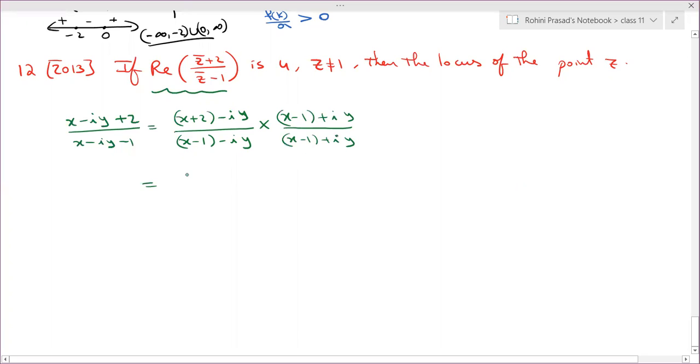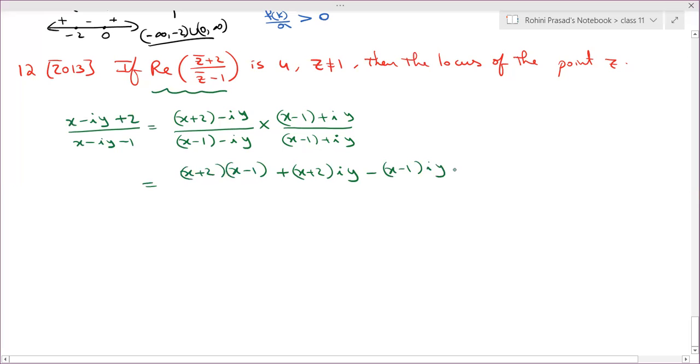So then it will be x plus 2 into x minus 1, x plus 2 into x minus 1, and plus x plus 2 into iy minus x minus 1 into iy. First into first, first into second, second into first, second into second.